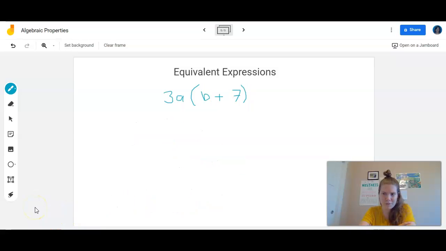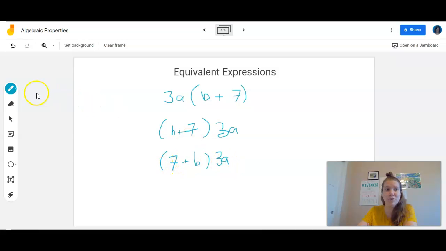When there's both multiplication and addition and subtraction, I can't just rearrange it, but I know I could still change the order it's being multiplied in, or I could change the order that the addition is happening in, or I could use the distributive property to multiply the 3a by everything inside the parentheses.